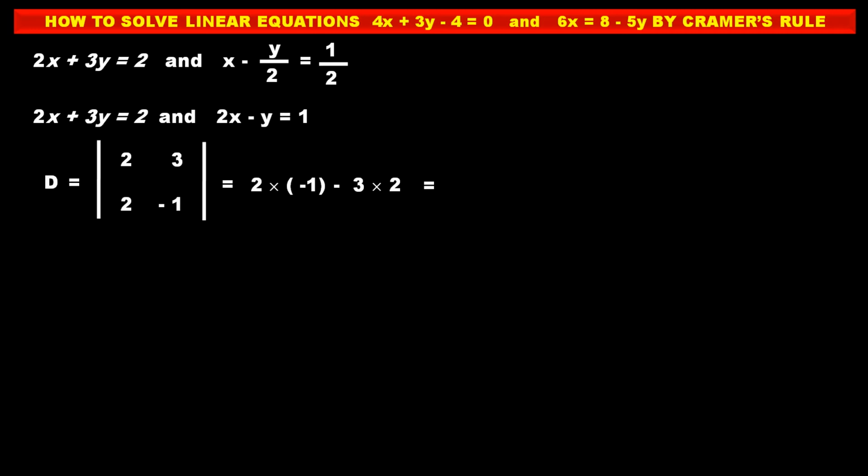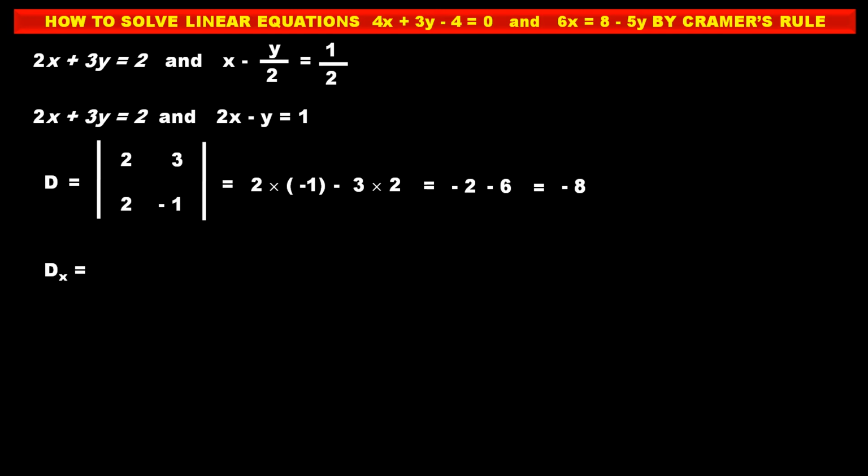Solving these products, 2 into -1 is -2, minus 3 into 2, that is 6, is equal to -2 - 6, that is -8. So this is the value of determinant D, -8.